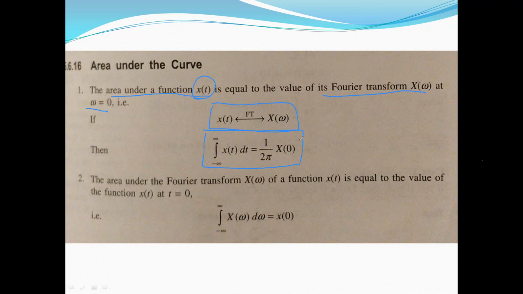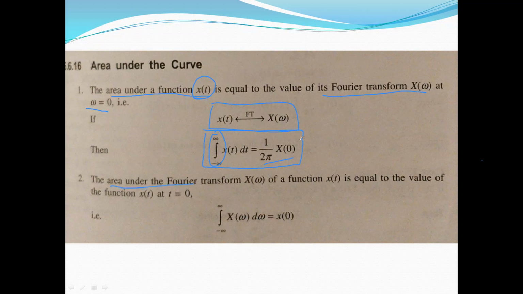Integration means area. Integrating a function from minus infinity to infinity means you are calculating the area, and that is equal to its spectrum at omega equal to 0.